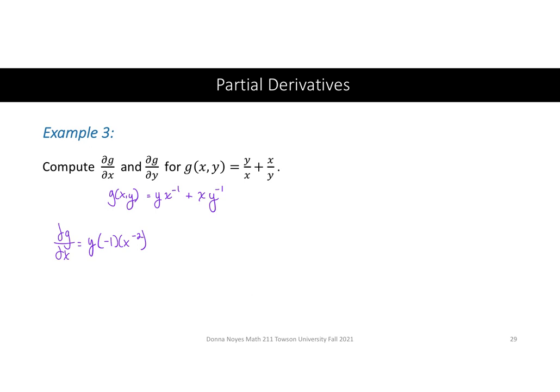The second term, now remember, we're only taking our derivative with respect to x. So the y to the minus 1 is considered a constant here, and the derivative of x with respect to x is just 1. So we end up here with negative y over x squared plus 1 over y.